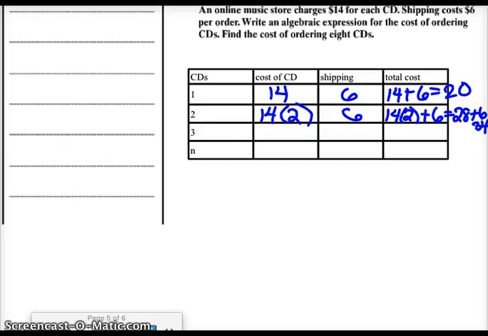The next one, I have 3 CDs. So 14 for 1 times 3. Still the same. I'm hoping that you're noticing a pattern that this was like 14 times 1. The 2 is with the 2, the 3 is with the 3. Okay?